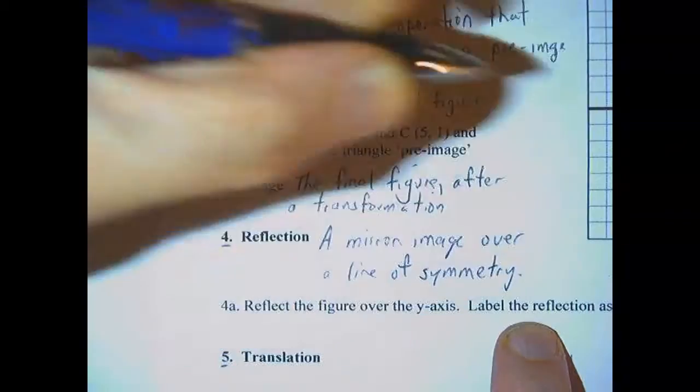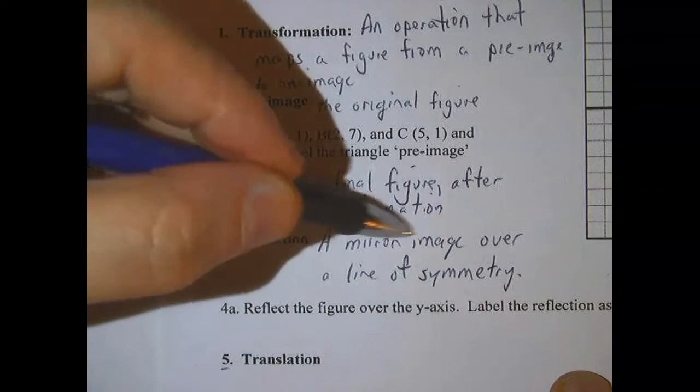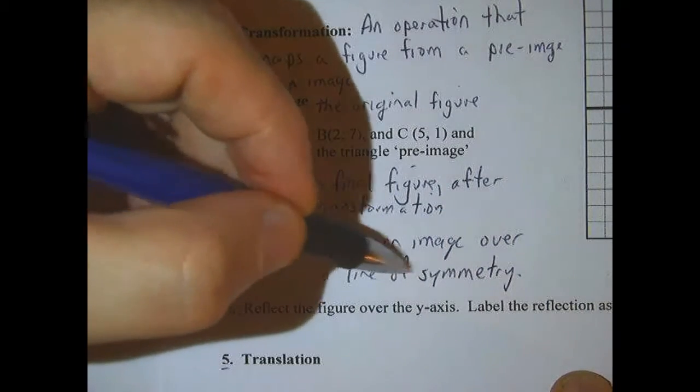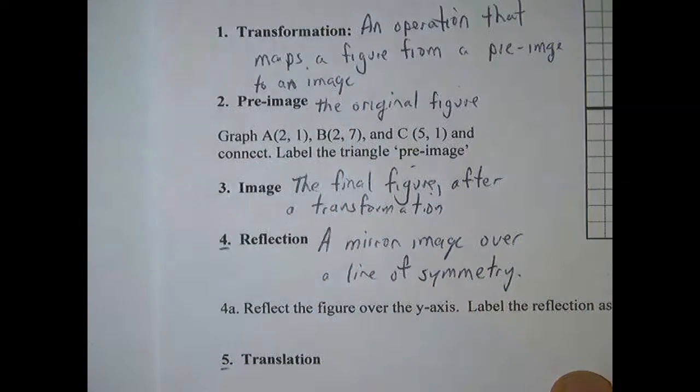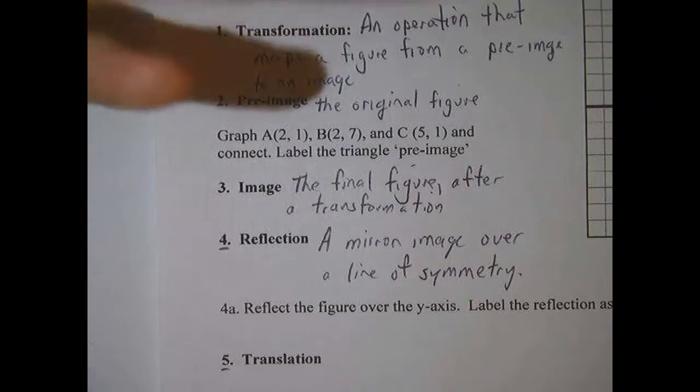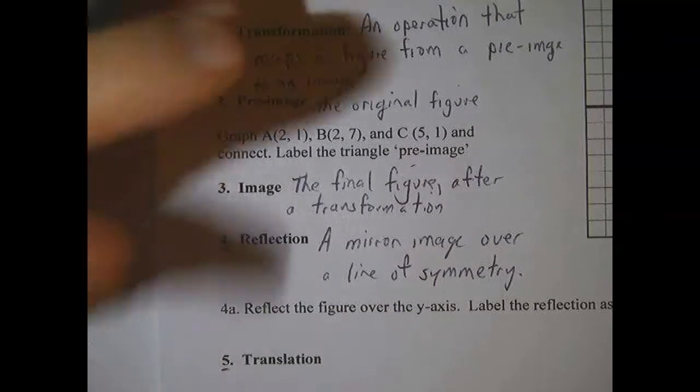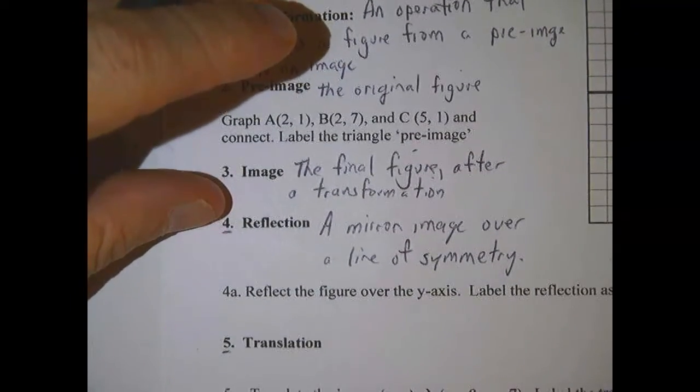Now again, I want to stress this: there are many ways to say this, and we called it a flip over a line of reflection. It means the same thing. So these are just different. There's really no one set of words that defines this.